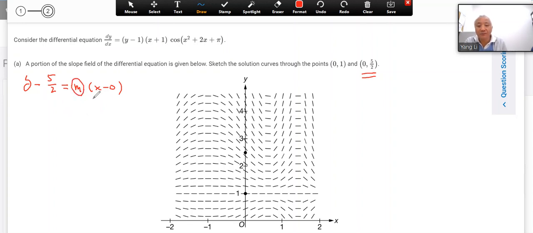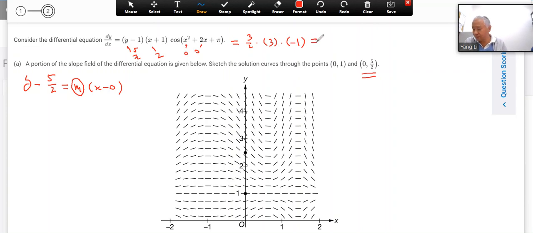How do you find the m? You simply plug in x equals 0, and y you plug in with 5/2, okay? So we can get 5/2 minus 1, that's 3/2. And then there's 2 plus, oh, wait a minute. So this one is 2 plus 1 will be 3. And here, with x equals 0, cosine pi equals -1.